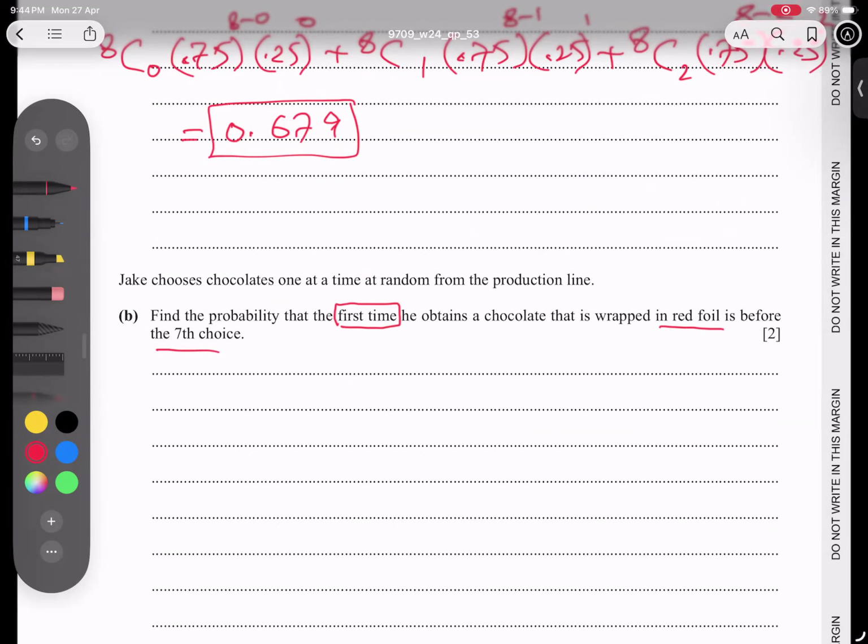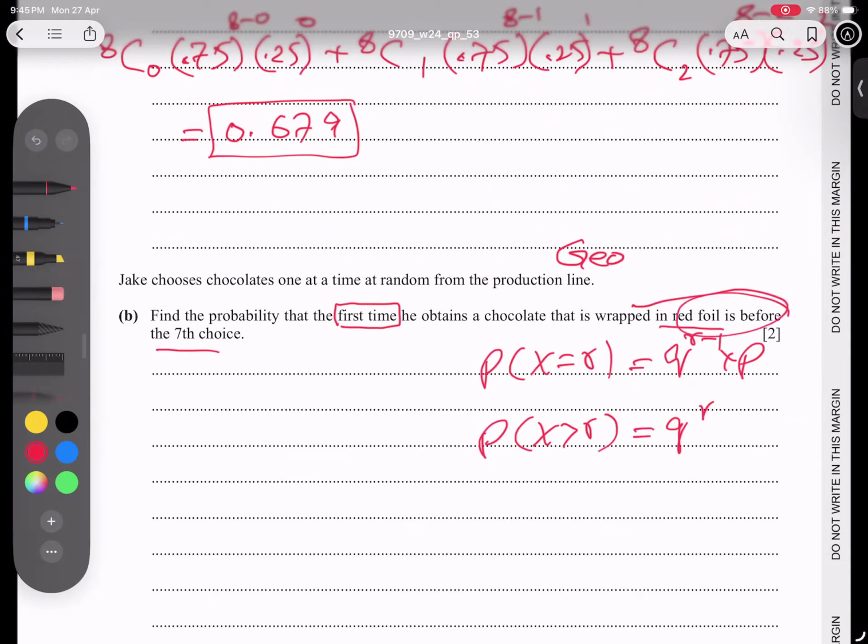So the topic is geometrical probability, and we have two formulas for it. One formula is for equals R, and one formula is for more than R. What is that? Q to the power R minus 1 into P, and the second formula is Q to the power R only. But we can see, students, that it is a more than case, before the seventh choice.